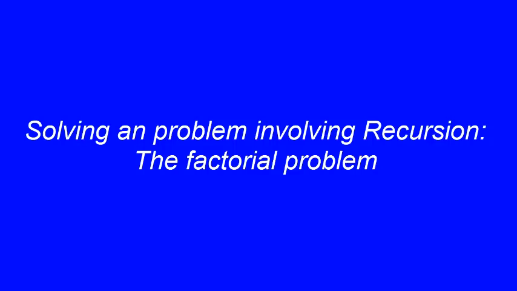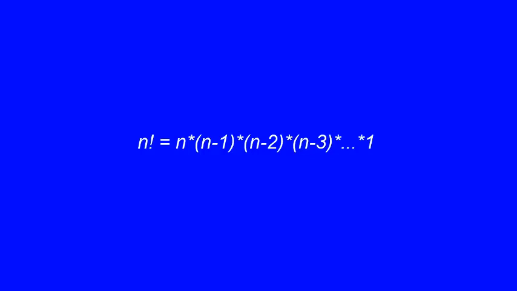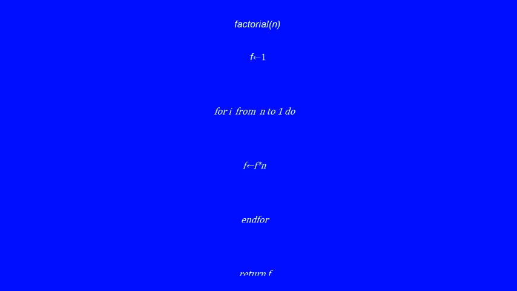Starting from the definition of n factorial equals n times n minus 1 times n minus 2 and so on up to 1, and applying the brute force technique, also known as the iterative technique, take note of that, we obtain the following algorithm, which you'll find on your screen right now.